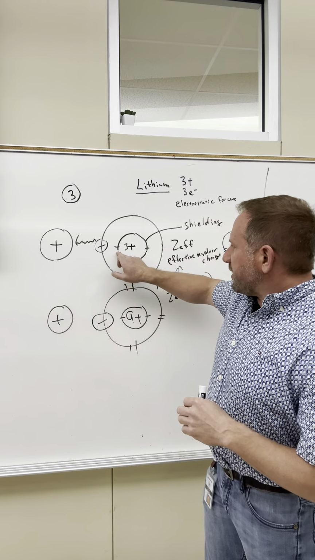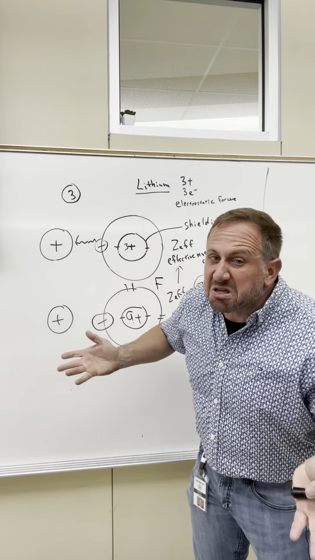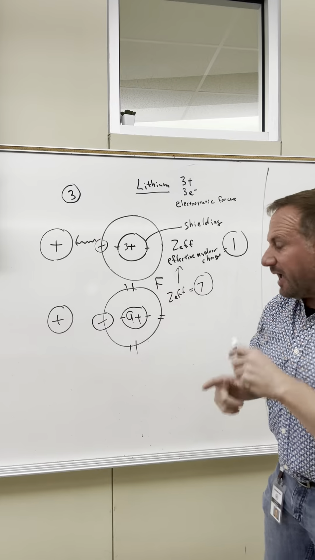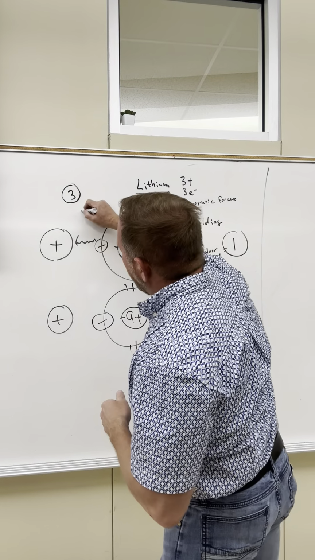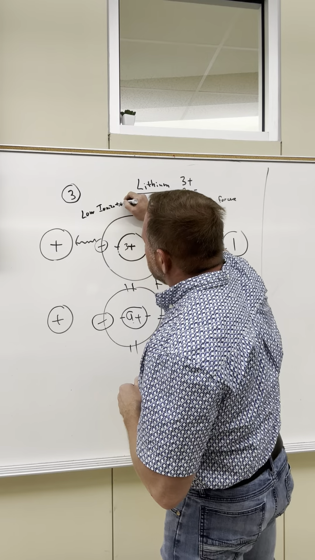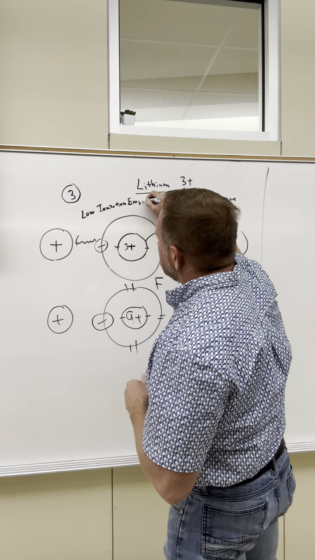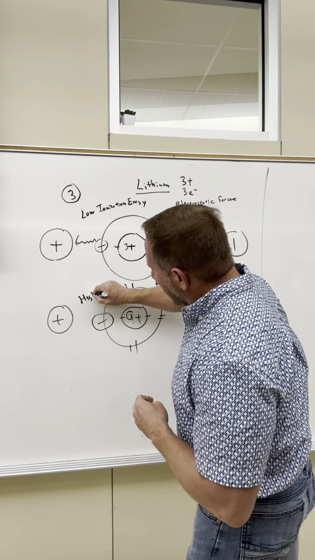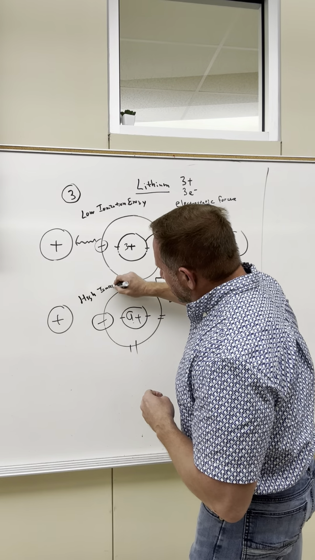But if I find another lithium, hey, I can do that. That's easy, no big deal. So what happens? We say that this guy has a relatively low ionization energy. We would say this guy has a high ionization energy.